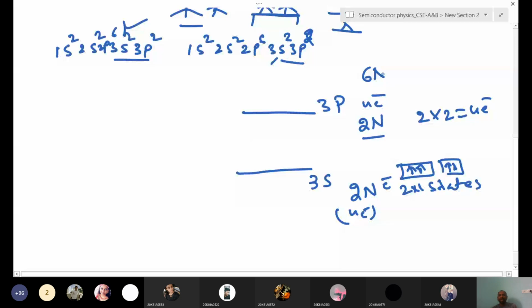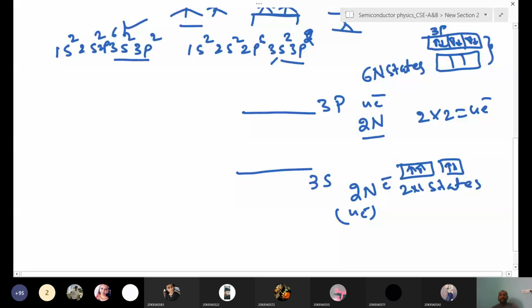States means, in the p orbital, how many can you fill? 3px, 3py, 3pz, right? Here 2 electrons, here 2 electrons, here 2 electrons. Like that, 2 atoms are there. How many states are available in total? 6N states. Each state we fill with 2 electrons, isn't it?